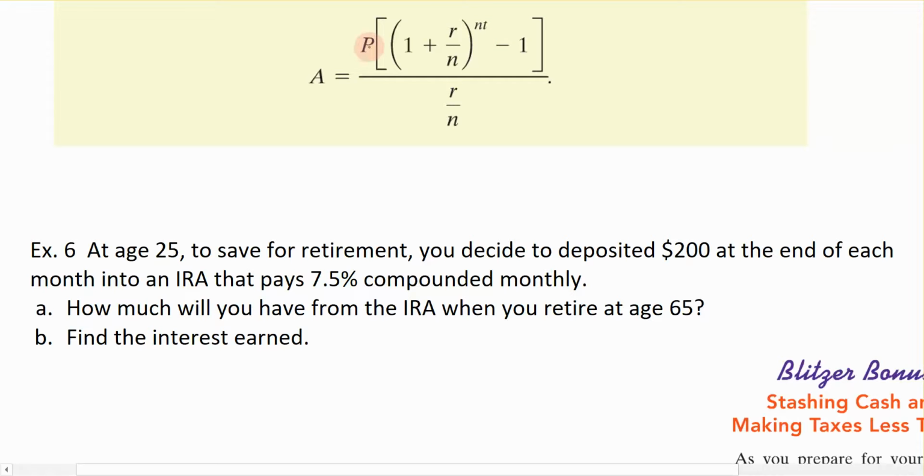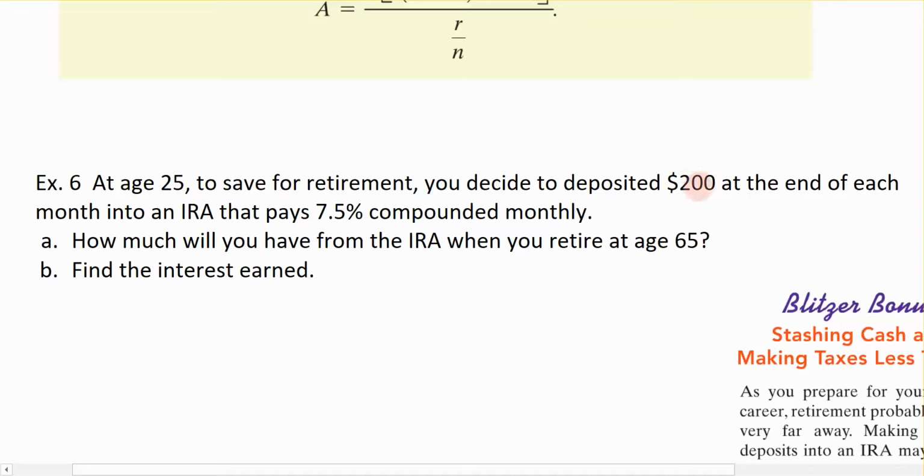P is going to be your principal, or the value that you initially invest. In this case, my P is going to be $200. R is going to be 0.075. That's the interest rate that we're going to take monthly. We do this monthly, so N out of that formula has to do with the number of times that you are compounding yearly, based on a year.